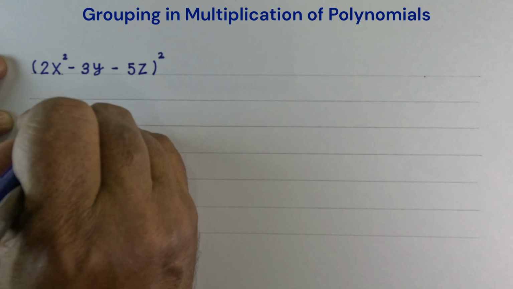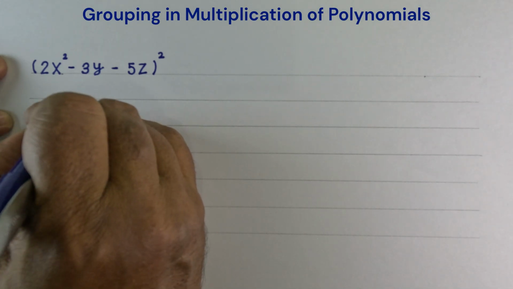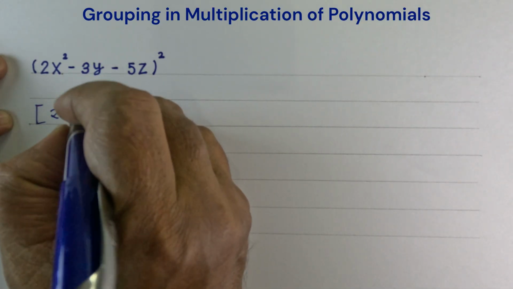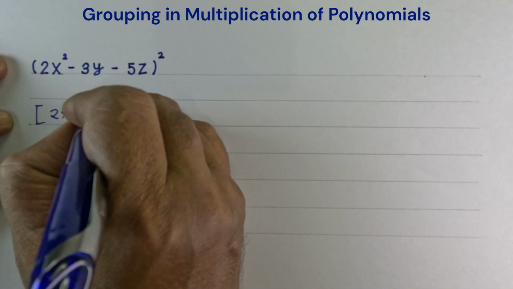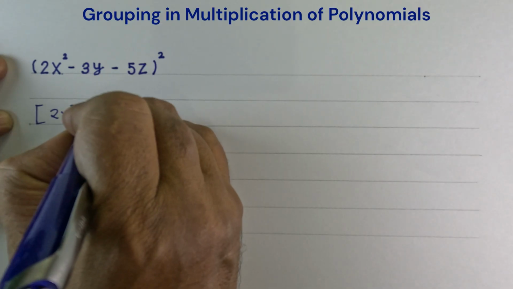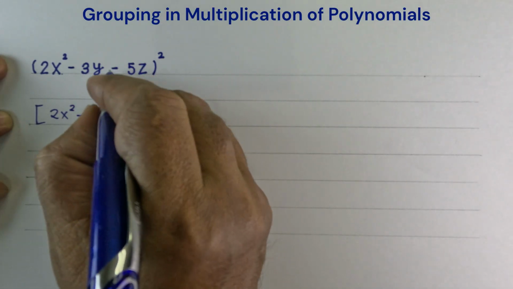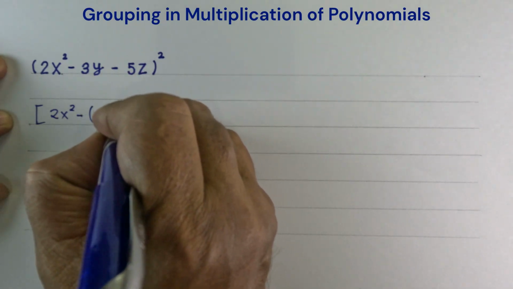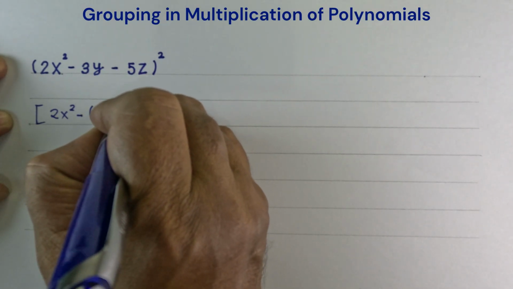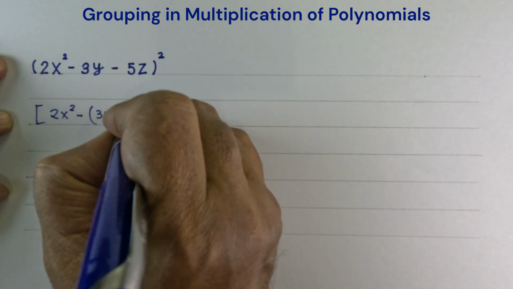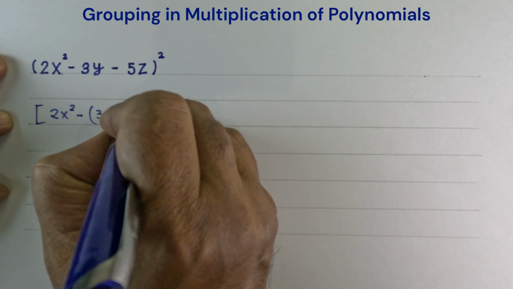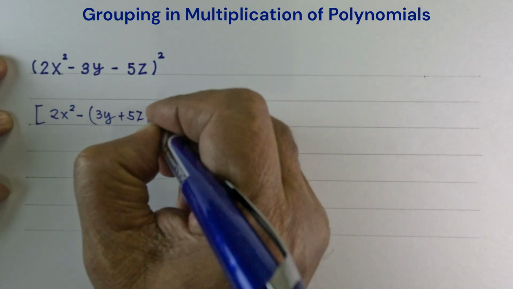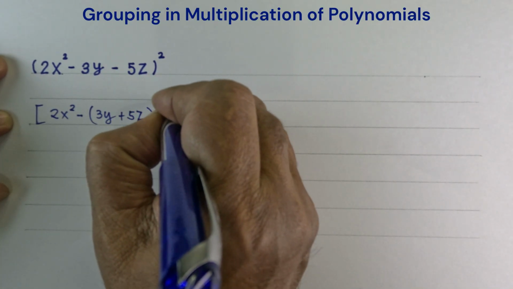So that's 2x squared minus, so we'll factor out minus 1. So that becomes 3y, that's minus, preceded by a minus sign, so I change the sign. That's plus 5z, quantity squared.